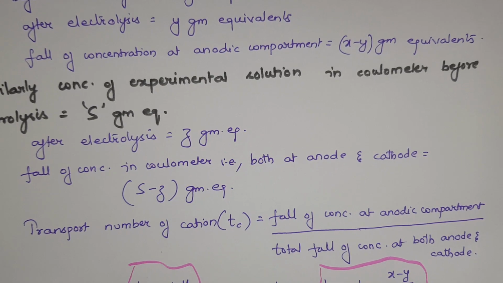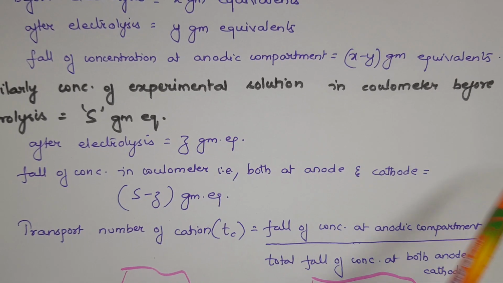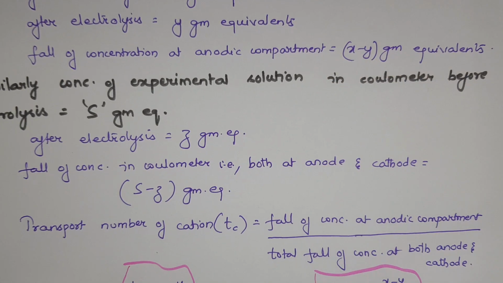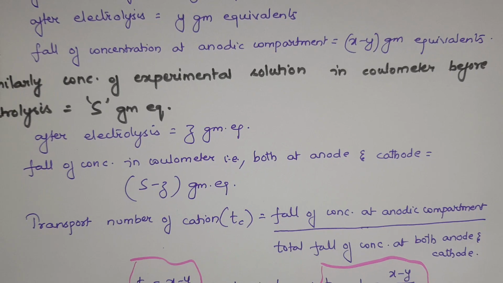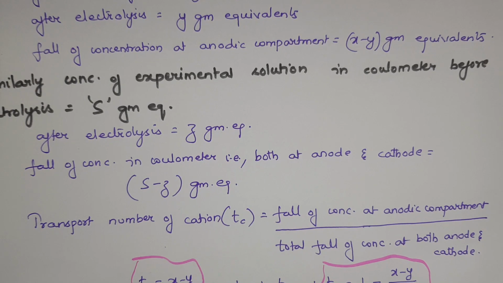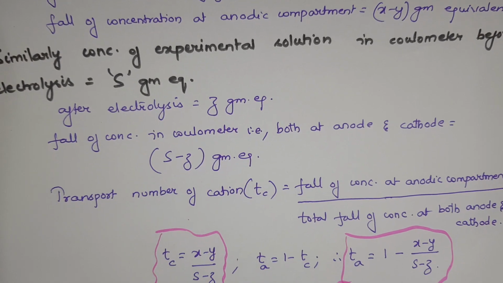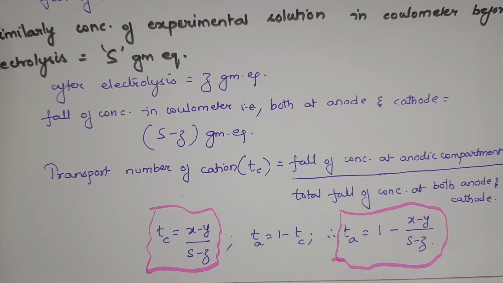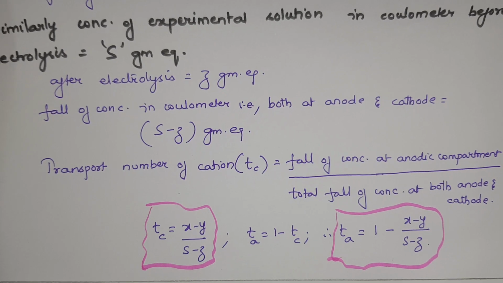Now the fall in concentration at anode, how much did we get? X minus Y. Here I have given, right? So Tc is equal to X minus Y by the fall in concentration in the coulometer. How much? S minus Z. Are you able to see, students? Yes. Tc is equal to X minus Y by S minus Z.